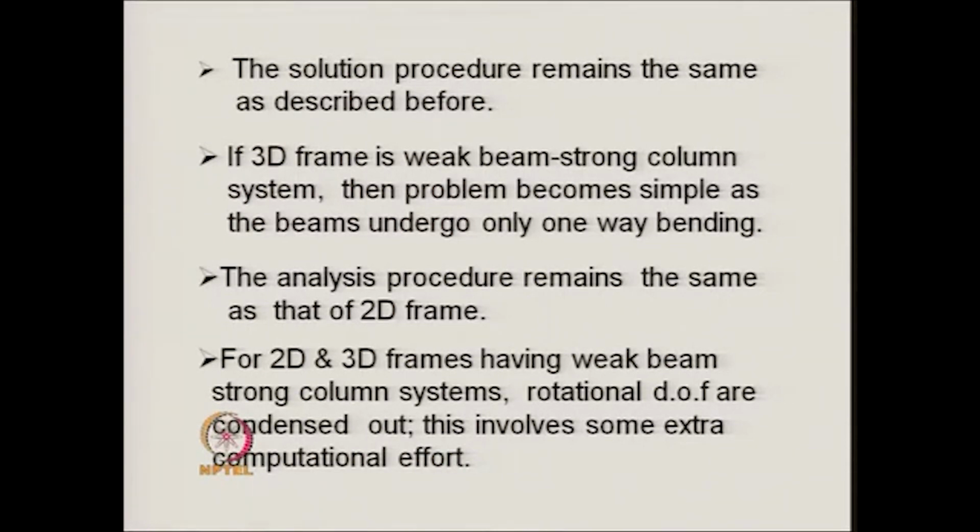that we have described for the case of a single story 3-dimensional frame. Now, if the 3-dimensional frame is a weak beam strong column system, then the problem becomes simple, as the beams undergo only one way bending. The case of bidirectional interaction on yielding does not come into picture, because beams in a 3-dimensional frame cannot undergo any lateral bending because of the high stiffness of the slab.